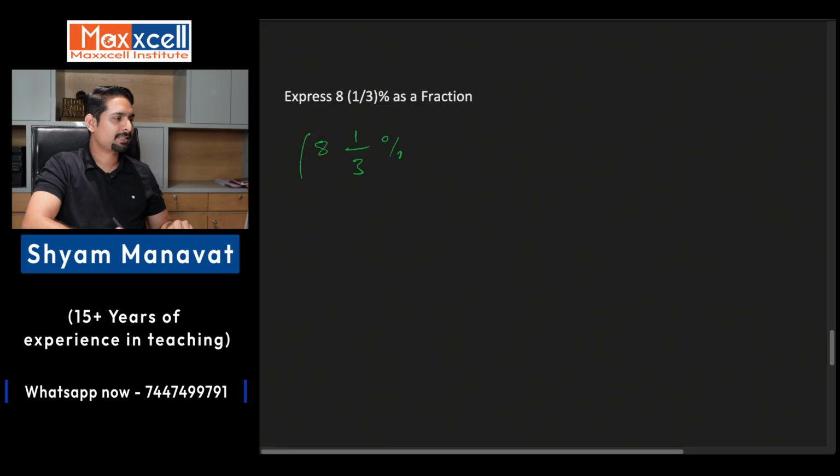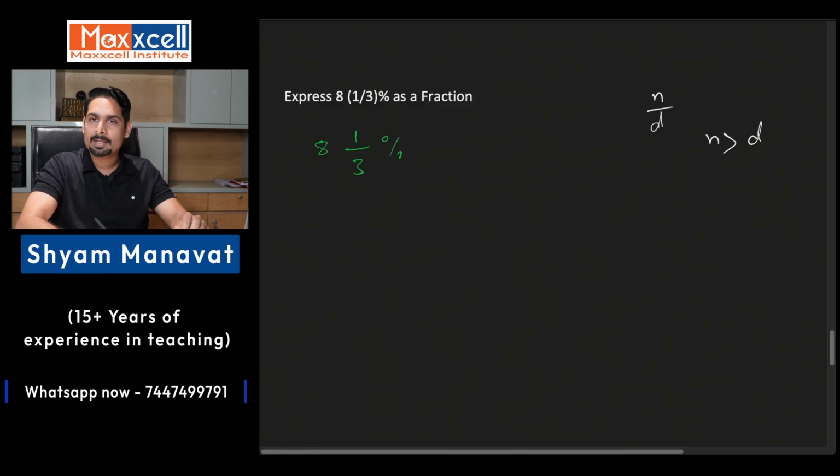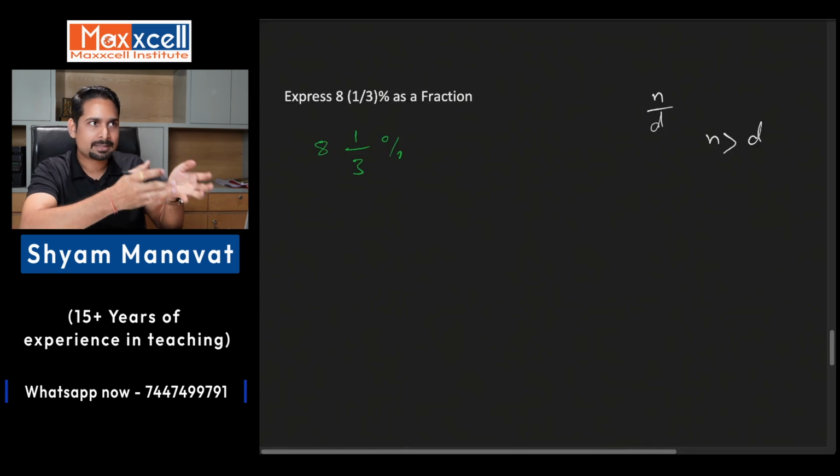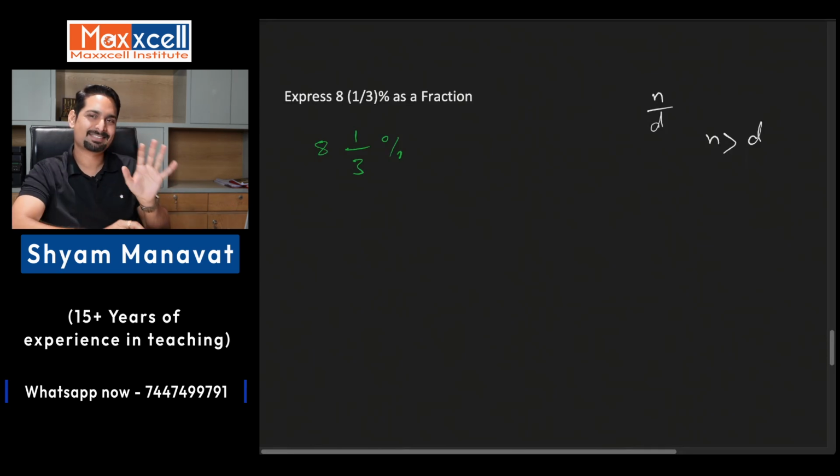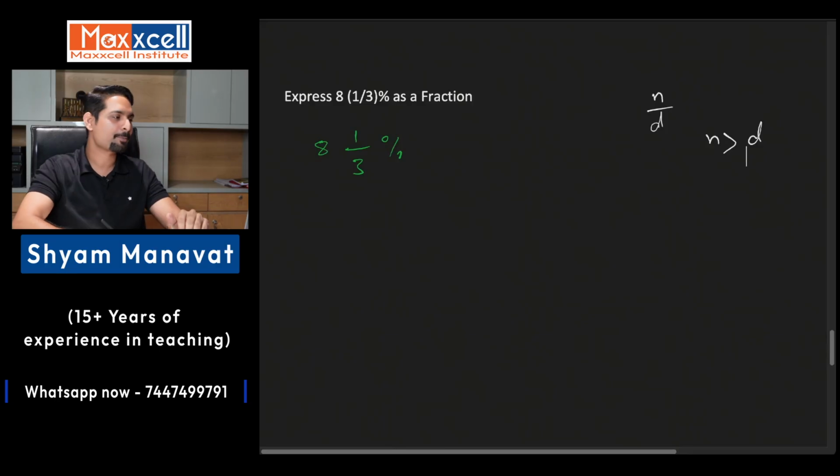So convert this mixed fraction into an improper fraction. What is an improper fraction? Where, in numerator by denominator, the numerator is more than the denominator, that's called an improper fraction. Improper doesn't mean that the fraction is not proper. It is a fraction, but it's a definition.